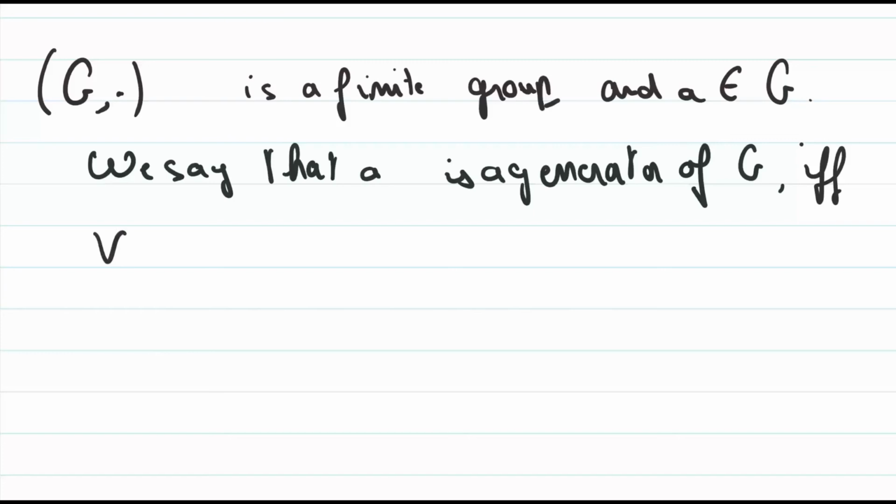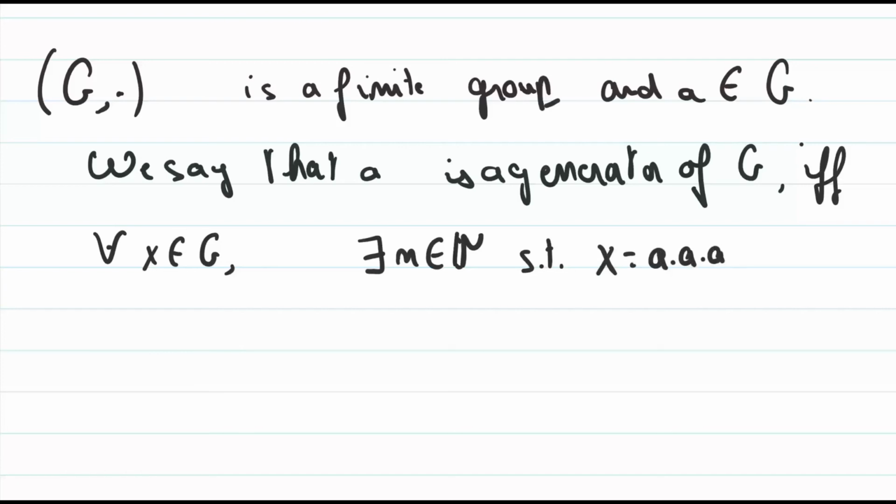If and only if for every X in G I can find a natural number N such that X is A times A times A, etc., N times, which as we said, we denote by A to the N.